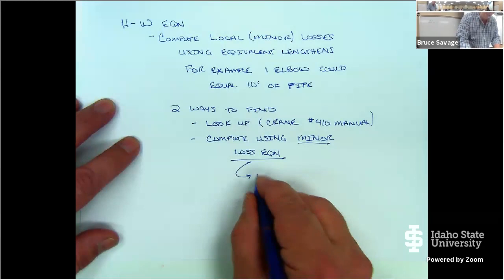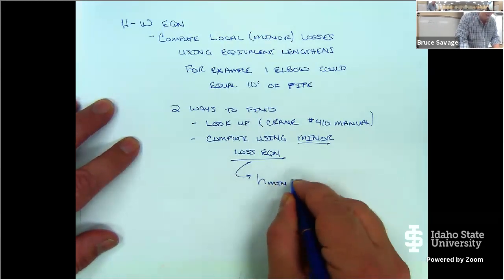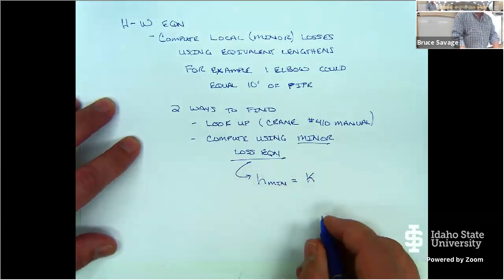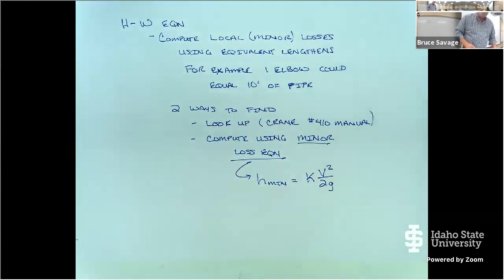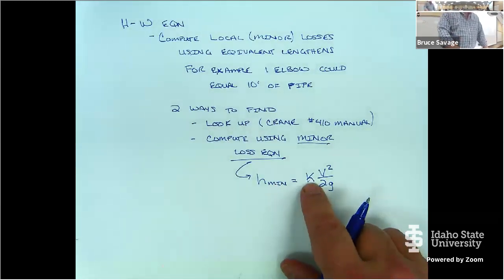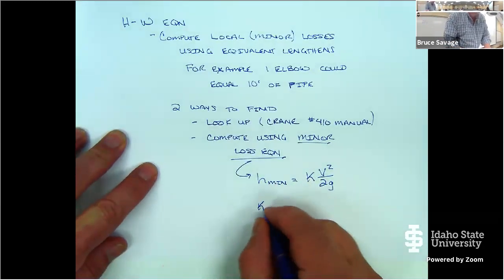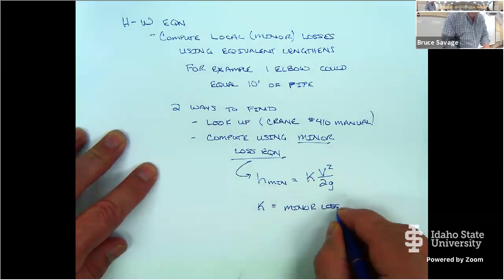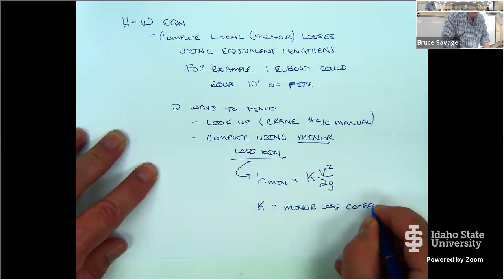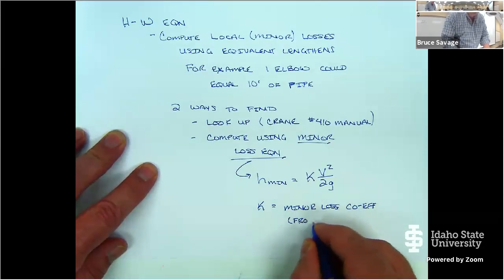The minor loss is equal to some coefficient K times V squared over 2g. Seen that in fluids, right? K is the minor loss coefficient, and that is from a book as well.